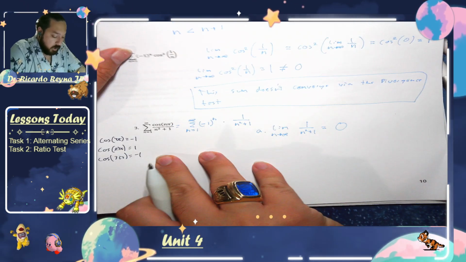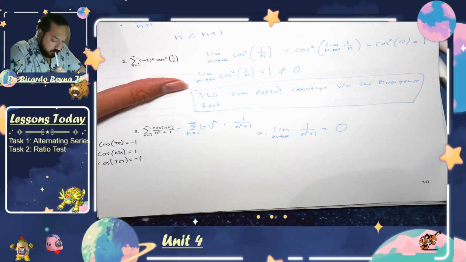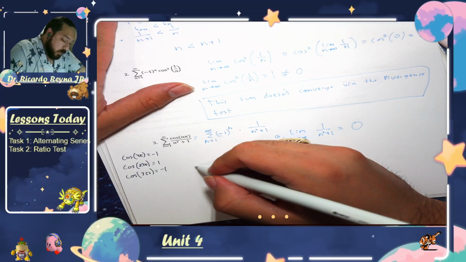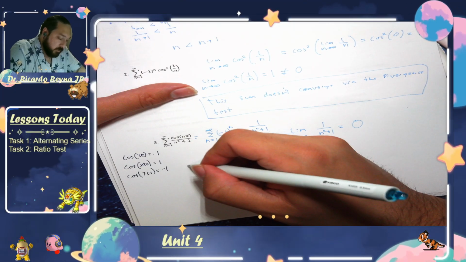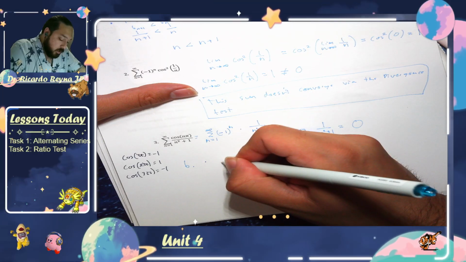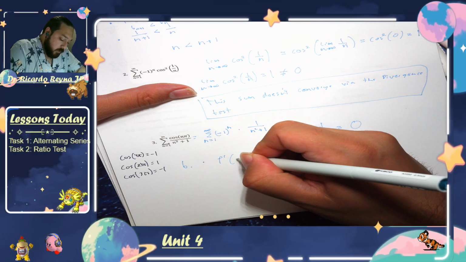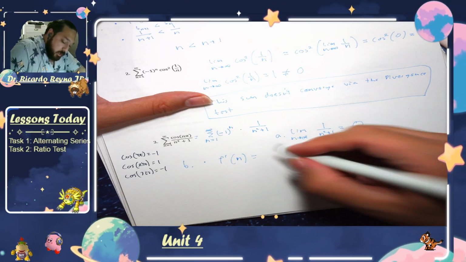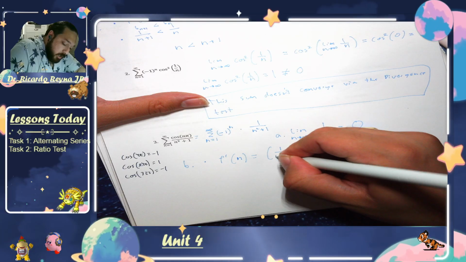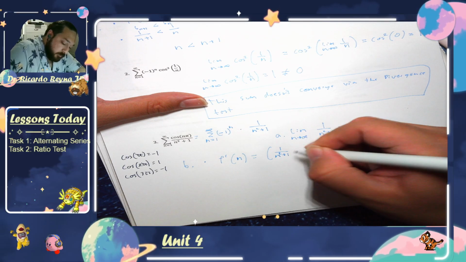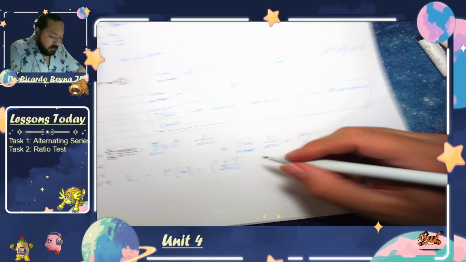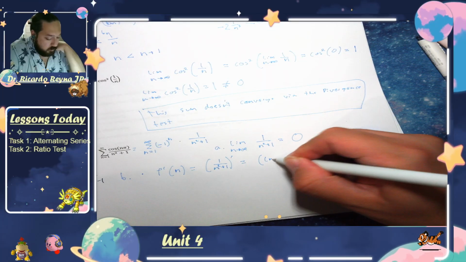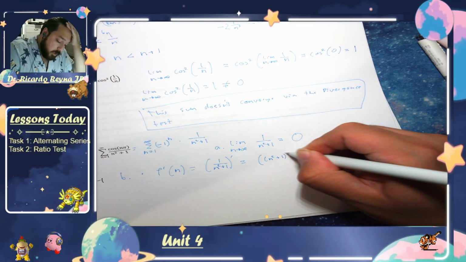Okay, so for the alternating series test, I'm going to do both again just for fun. You can take the derivative of that series, which is just 1 over n squared plus 1, which I'm going to rewrite in a chain rule setup.